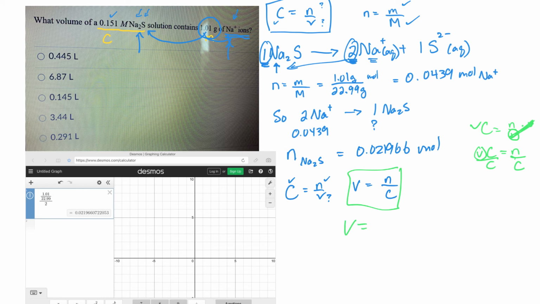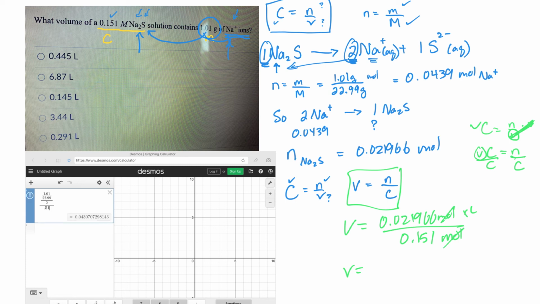So the volume will be equal to 0.021966 moles divided by the concentration, which is 0.151 moles per liter. Moles cancel out. On my decimals here, I'm going to take the answer that I had and divide that by 0.151.